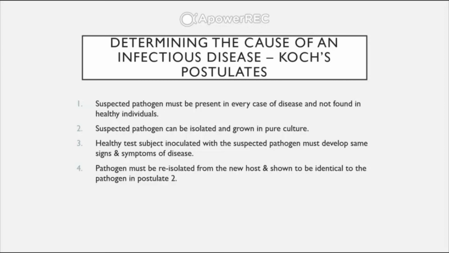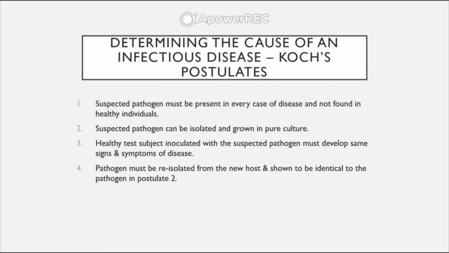The first of which being that the suspected pathogen must be present in every case of disease and not found in healthy individuals. The second is the suspected pathogen can be isolated and grown in pure culture. If you can't grow it in pure culture, then there could be something else in there that is responsible for causing the disease.